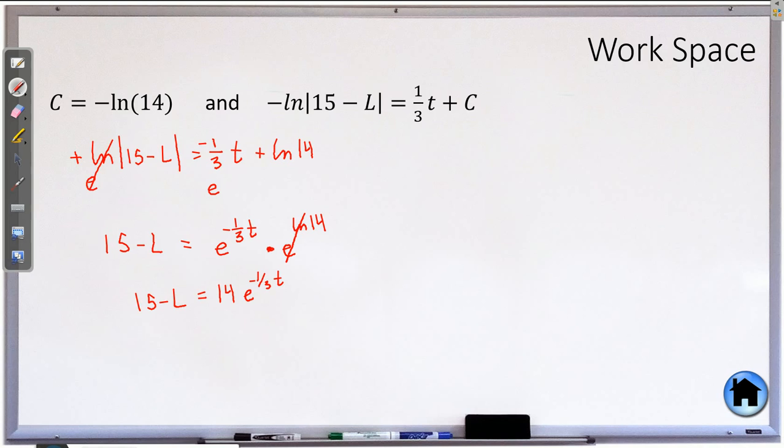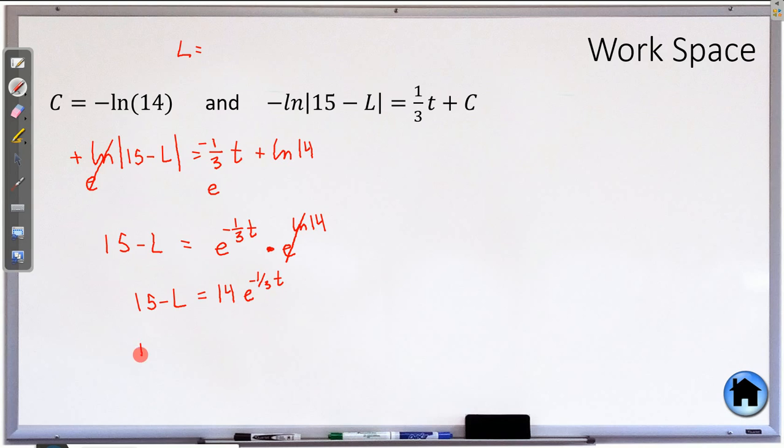And our question at the beginning said we need to get L by itself. So to do that, however you want to manipulate this, in my mind, I would add L to this side and then subtract all of this to the other side.